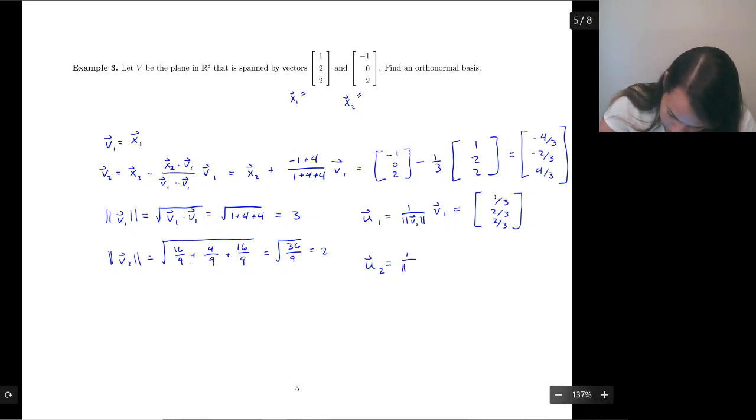U2 is going to be our normalized V2 vector, which is a half of V2, which I can just plug in. So 1/2 actually makes our fractions, I don't know, makes me feel a little bit happier.